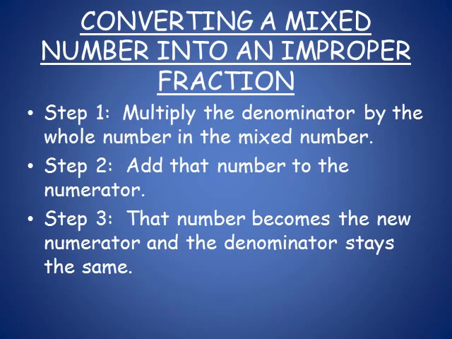Step 2, we're going to add that number that we got from step 1 to the numerator. And finally, for step 3, that number becomes the new numerator from step 2, and the denominator stays the same. It doesn't change at all.